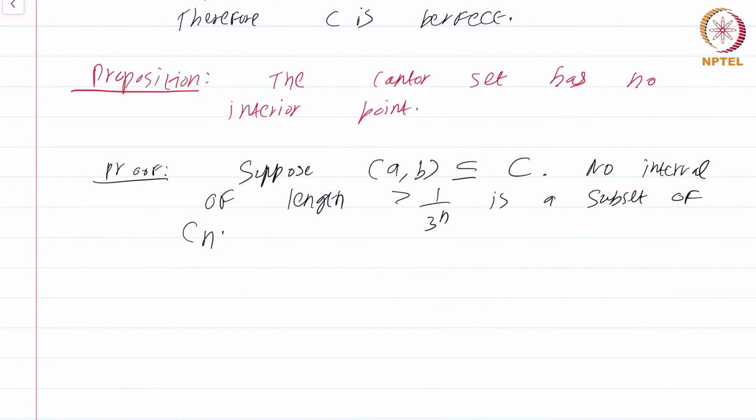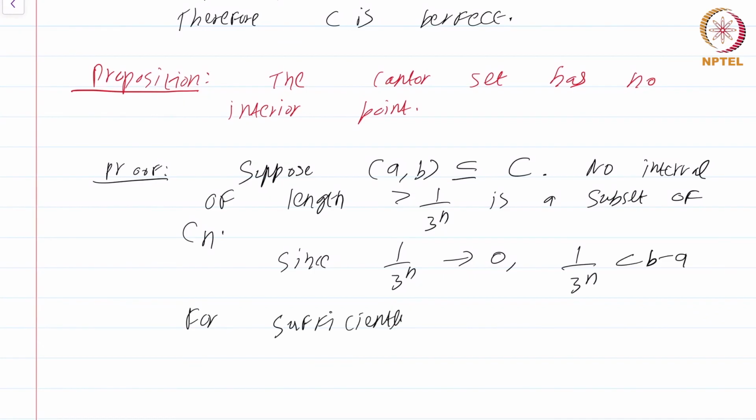So since 1 by 3 power n obviously converges to 0, 1 by 3 power n is less than b minus a for sufficiently large n. Then AB cannot be a subset of Cn.